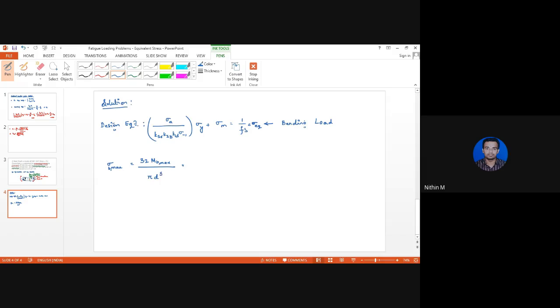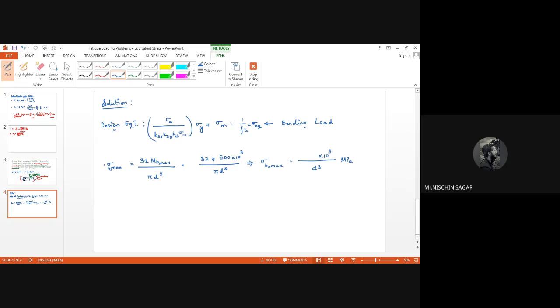So 32 into the bending moment, 500 into 10 raised to 3, divided by pi d cube. Can someone calculate it and tell me the simplified expression for sigma B max? 32 into 500 by pi, how much does it come to? Some value multiplied by 10 to the power of 3 by d cube MPa.